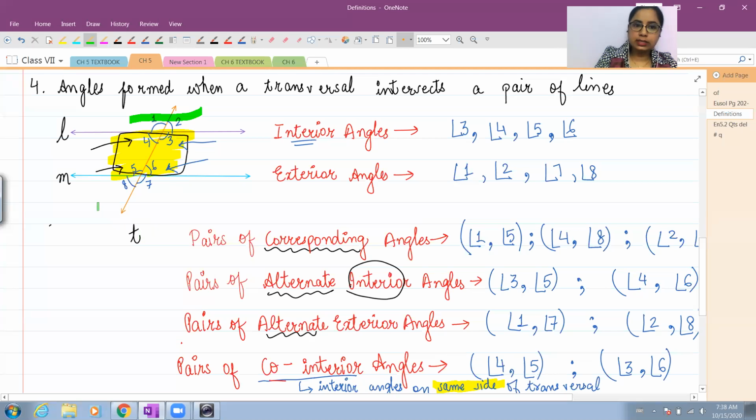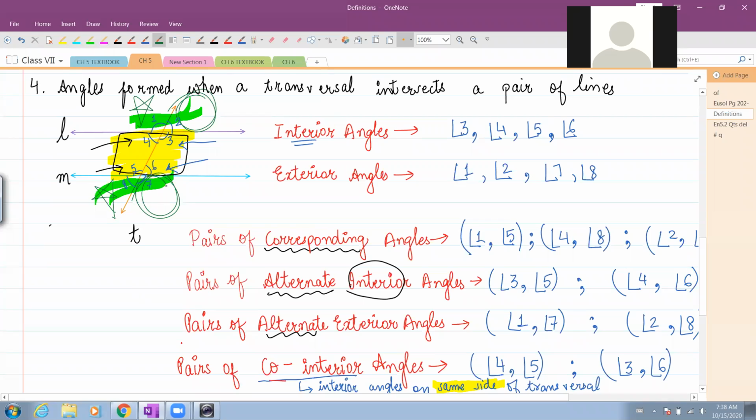So these are the exterior angles, the outer ones: 1, 2, 7, 8. Out of these 4, take the ones which are on the same side. So on the same side, 2 and 7 will make one pair, and 1 and 8 will make another pair. These are exterior angles on the same side of the transversal. Interior angles on the same side of the transversal and exterior angles on the same side of the transversal.